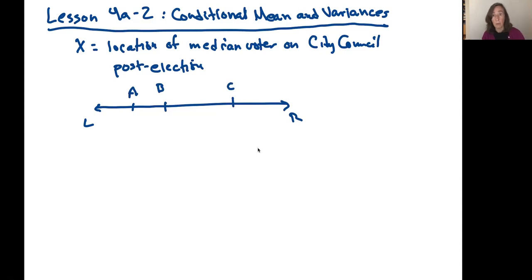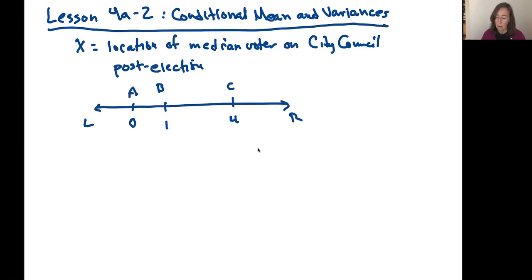And we are going to put numbers on these ideal points. So person A's ideal point is a 0, person B's is a 1, and person C's is a 4.